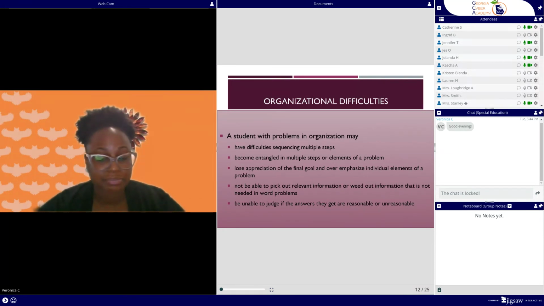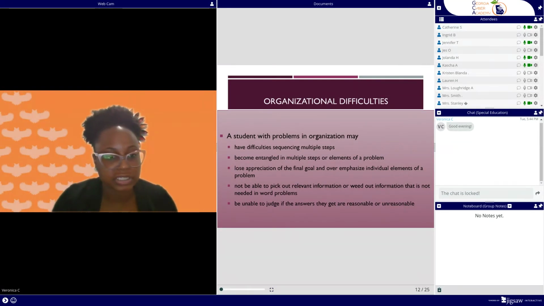They're not able to pick out what's relevant and weed out information that is not needed, and they're unable to judge if the answers they get are reasonable or unreasonable. So we have a question of 5 times 5, and we give answers of 25 and 1,000, and they don't understand why those different numbers may be wrong or why 1,000 is an unreasonable answer to a question such as 5 times 5.